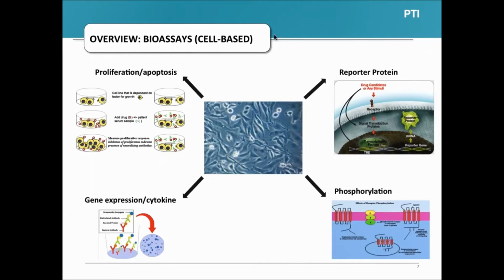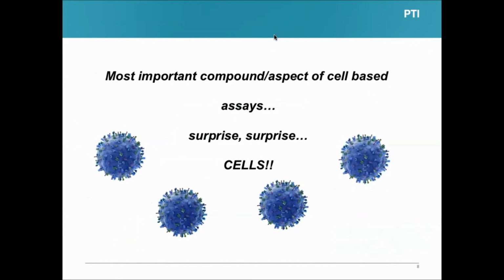We intervene earlier, open the cell, and look at the phosphorylation status of our target receptor. Or we could look at gene expression or cytokine expression, and in that case you have what is called an ELISA spot.